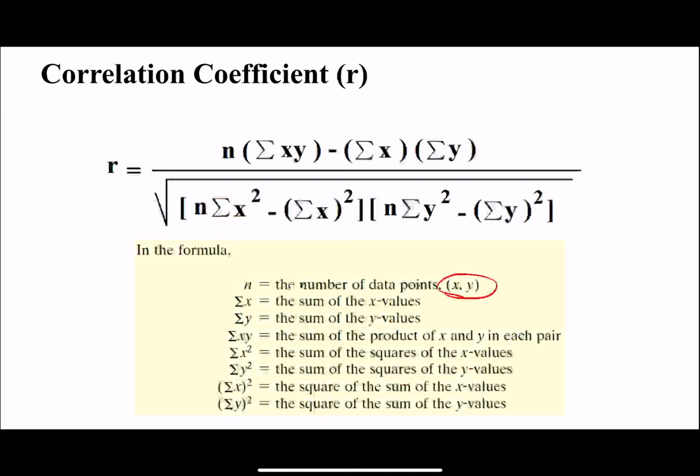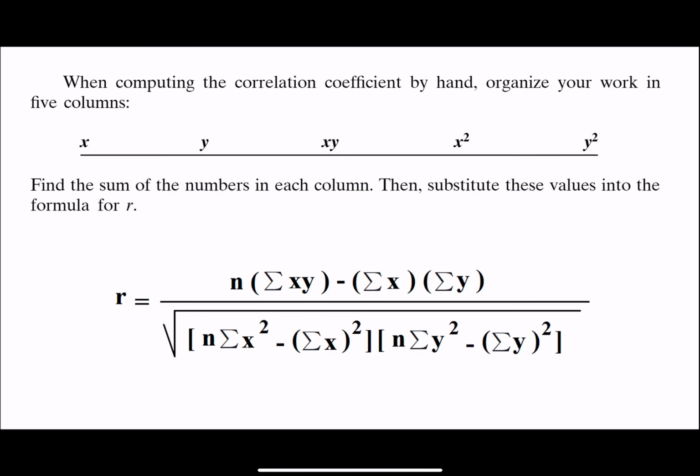Sigma y squared means square the y values and then add the results. (Sigma x) squared means add all the x values and then square the result. And (sigma y) squared means find the sum of the y values and then square the result. Okay, here we go.